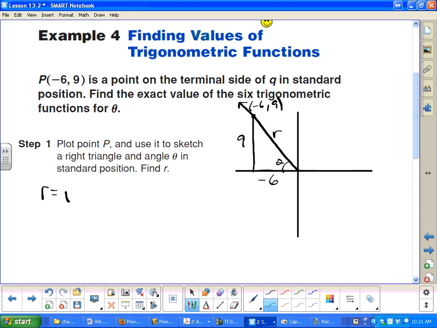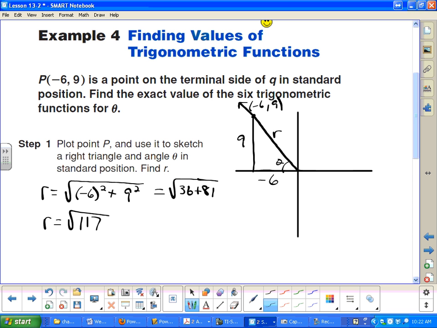So r is found by doing the square root of x squared plus y squared. So we add those together, we get 36 plus 81. So r is equal to the square root of, let's see, that's 117, right?